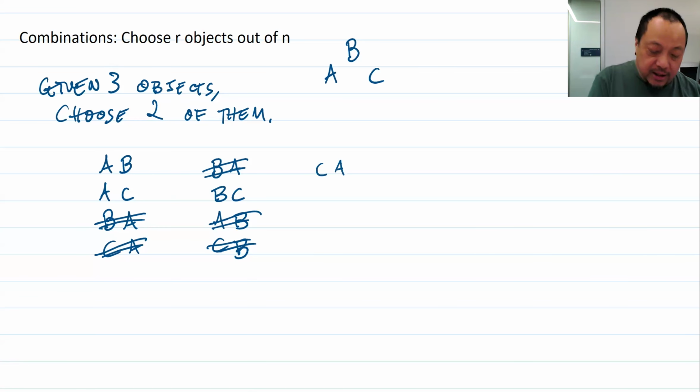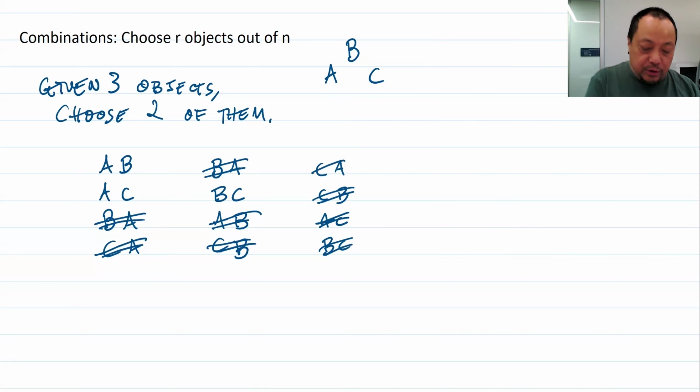So I could have CA, CB, AC, BC, but doing the same as before. BC already showed up. AC already showed up. CB is the same as BC, so it doesn't count. And CA is the same as AC, so it doesn't count. So if I'm given 3 objects and I'm asked to choose 2 of them, there are really only 3 ways of doing it.